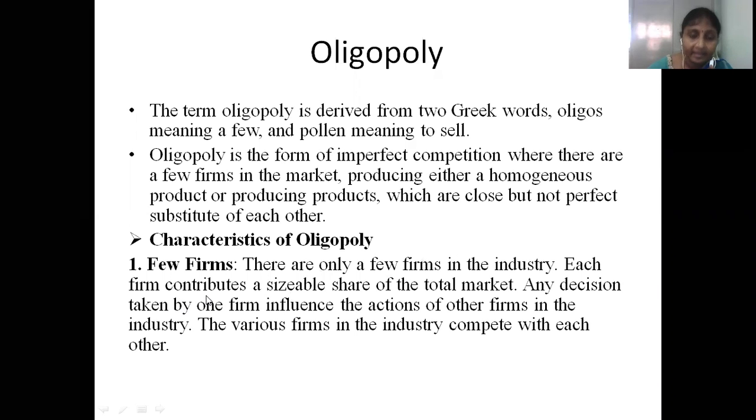As there are only a few firms, each firm contributes a sizable share of the total market. Suppose you take aluminum, so an aluminum selling company is going to contribute a sizable share of the total market, because the firms are very few. Whatever decision is taken by one firm is going to influence the actions of the other firms also.